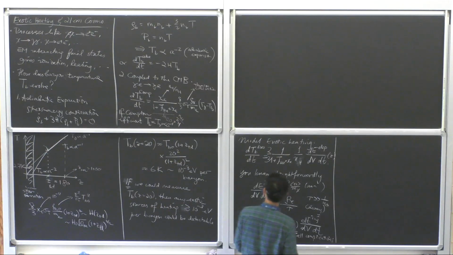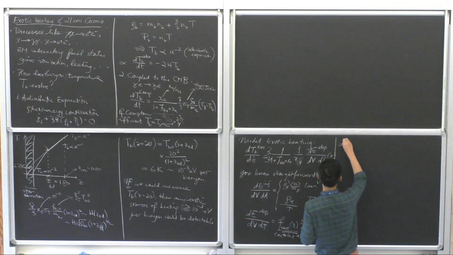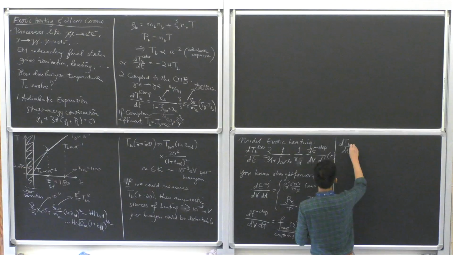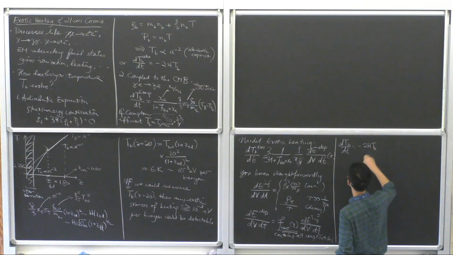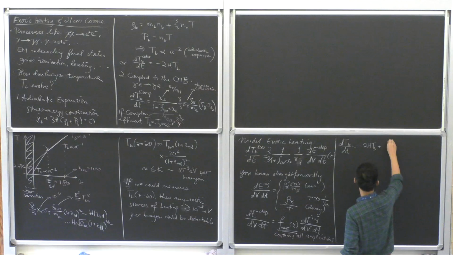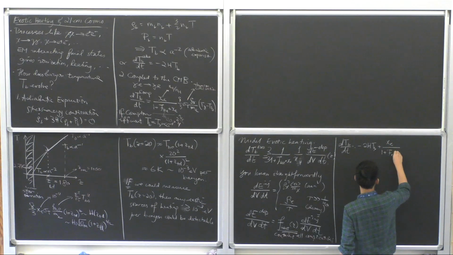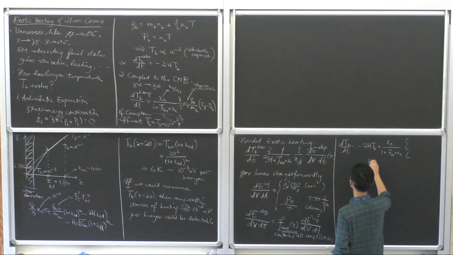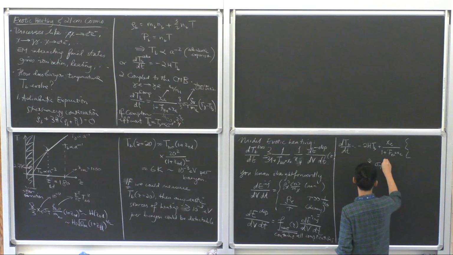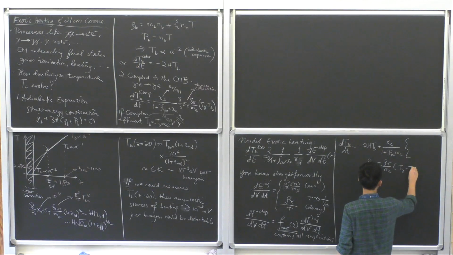So the full temperature evolution equation is just minus 2H T_b plus x_e over 1 plus f_He plus x_e. And then there are two terms: this 8 over 3 sigma_T rho_gamma over m_e, times T_gamma minus T_b.